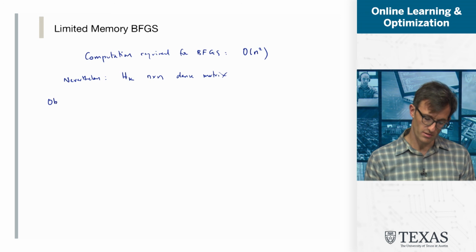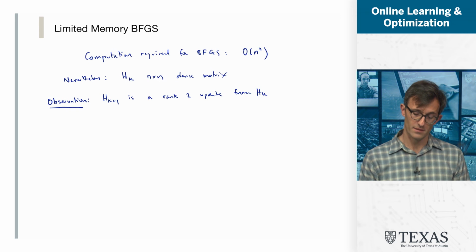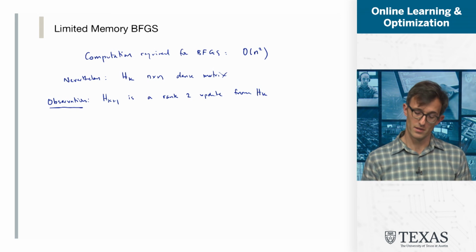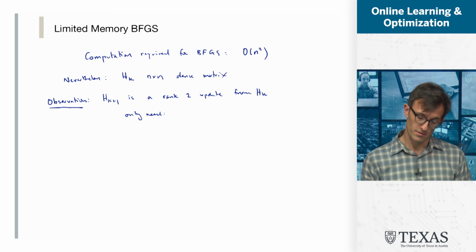So the observation is that HK plus 1 is a rank 2 update from HK, and in particular, all you need to derive HK plus 1 from HK is two vectors, SK and YK.